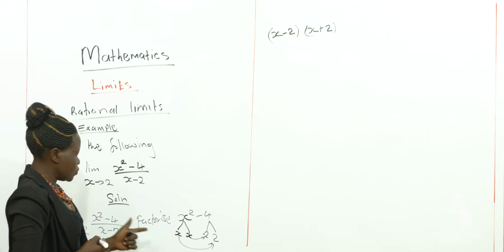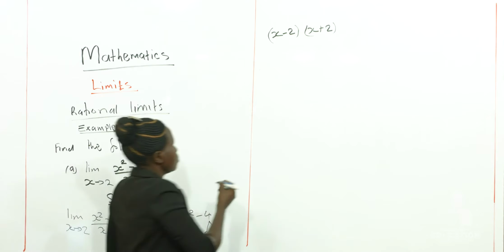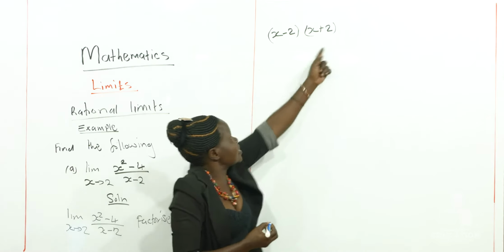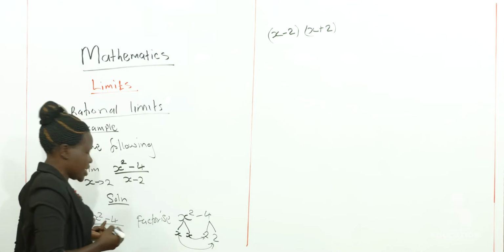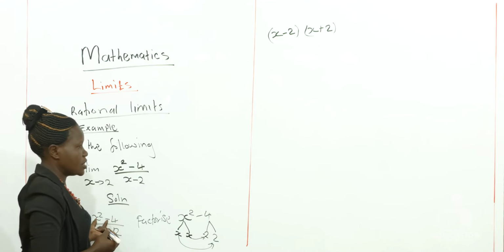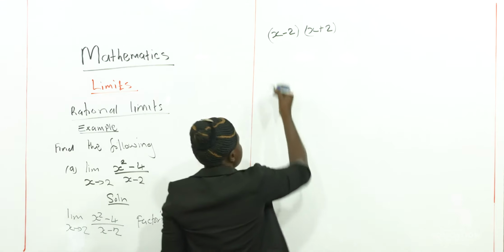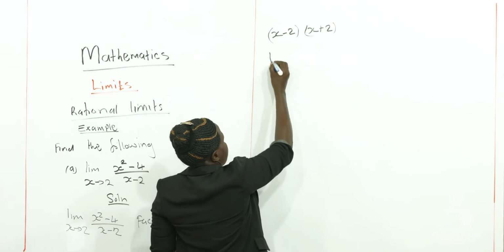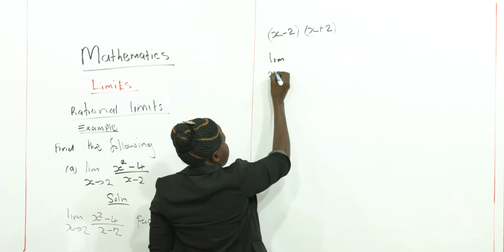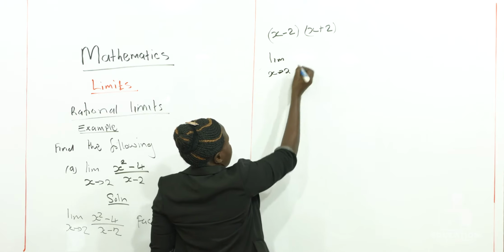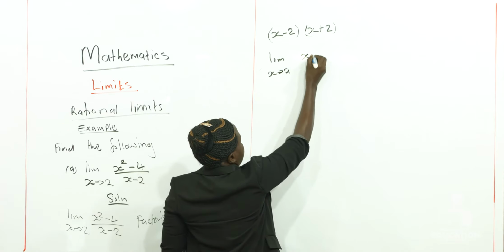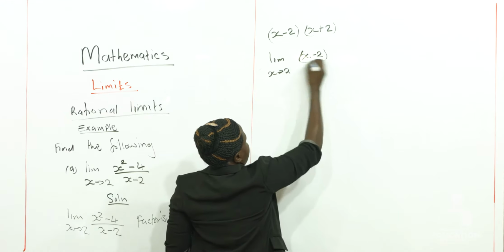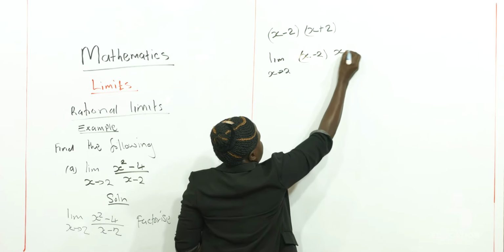Now when we rewrite it, these factors will take the place of the numerator. Then we say lim as x approaches 2, I will now have (x minus 2) times (x plus 2).